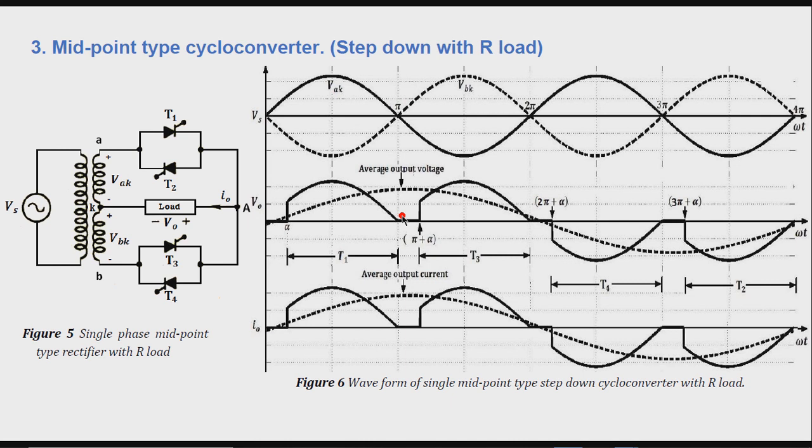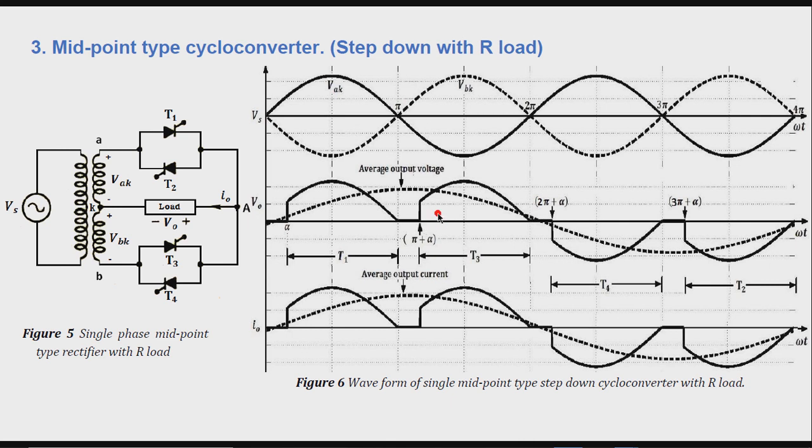Now after pi, the negative cycle of the supply starts, hence B is positive with respect to A. Thereby forward biased thyristor T3 is triggered at omega t equal to pi plus alpha. With this, the load voltage follows the positive envelope.